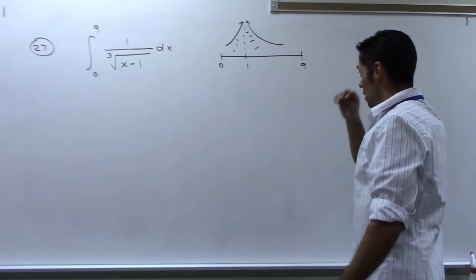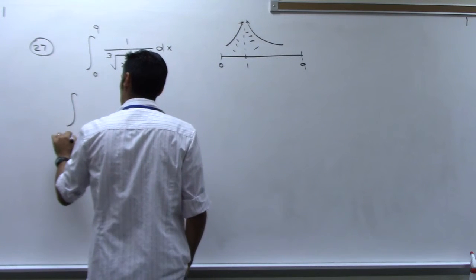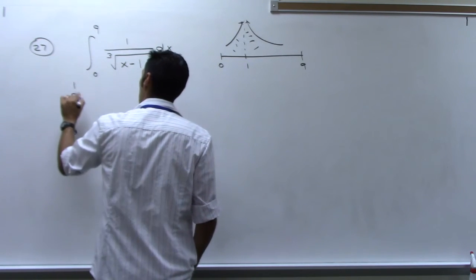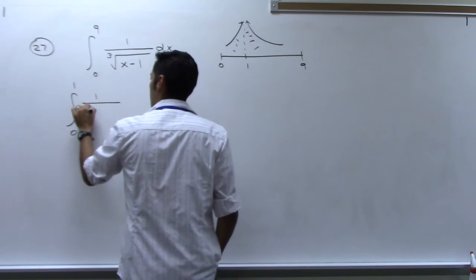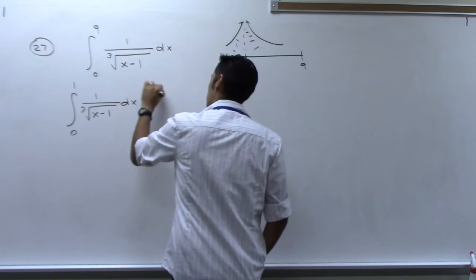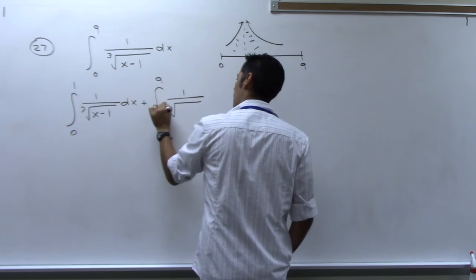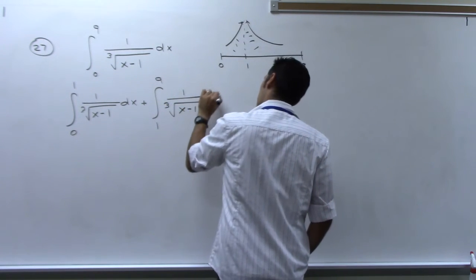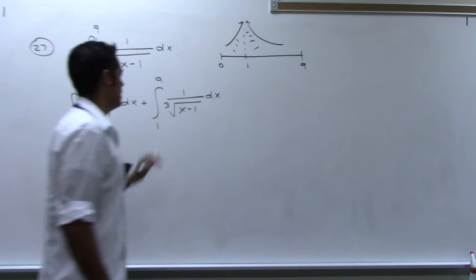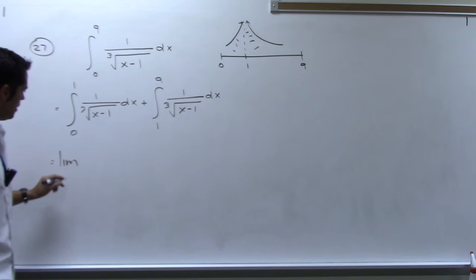So what I'll do is I'll have to first split this integral up into two pieces, 0 to 1, and then 1 to 9. And each of these is going to be a limit.